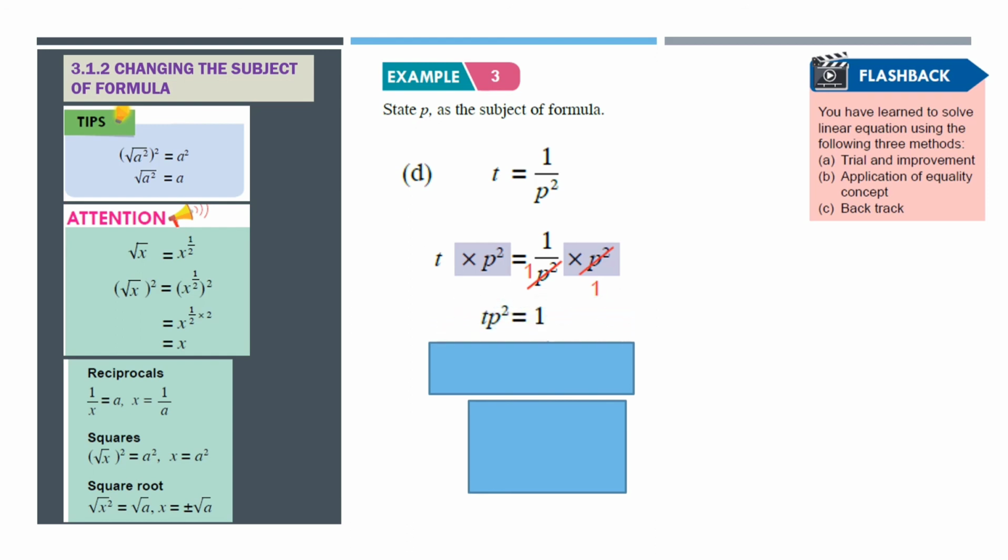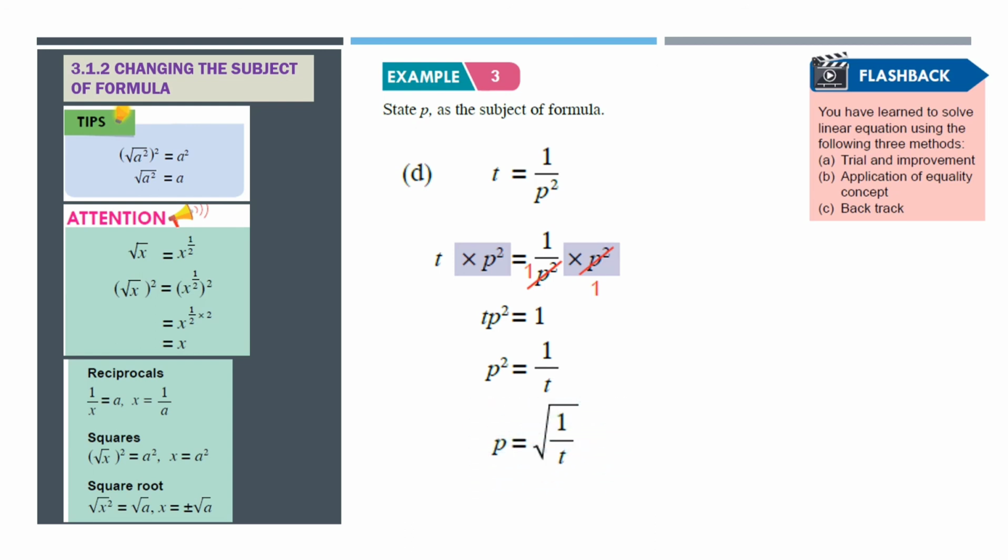Okay. How can we make it only P here? The coefficient only 1P. So P squared equal 1 over T. We bring the T to the right.